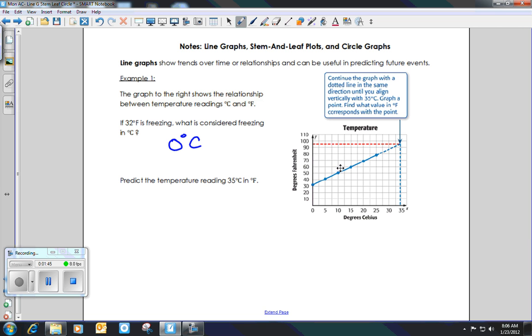So what you would have to do is take a straight edge and extend your line out until it crosses the 35 degrees Celsius line. And that would happen here around 95 degrees Fahrenheit. So we're looking at an approximate temperature here of 95 degrees Fahrenheit.